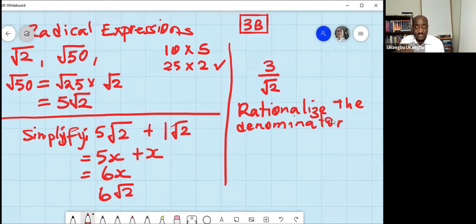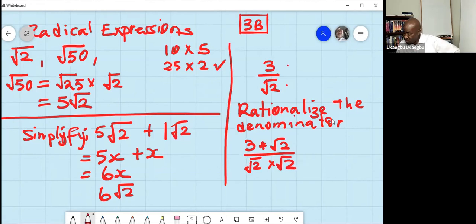As far as this number is concerned, it is an irrational number. To make it rational, you multiply the numerator and the denominator by the denominator. So you have 3 multiplied by square root of 2, divided by square root of 2 multiplied by square root of 2.